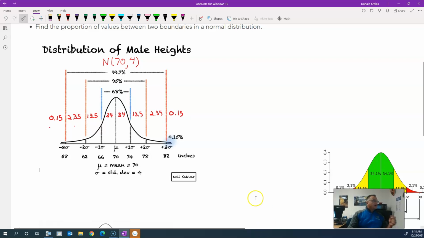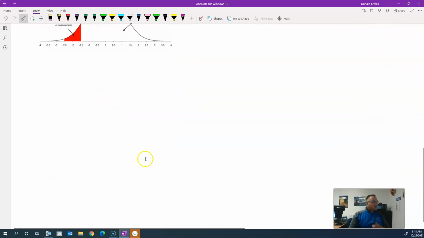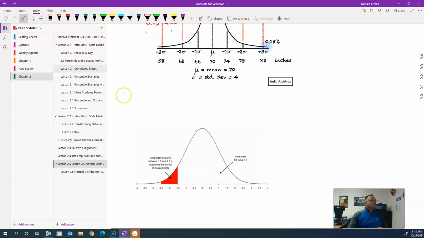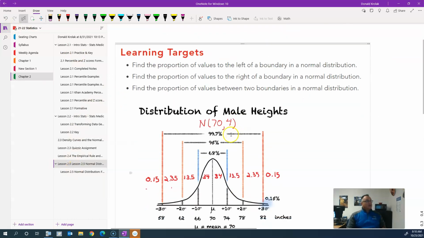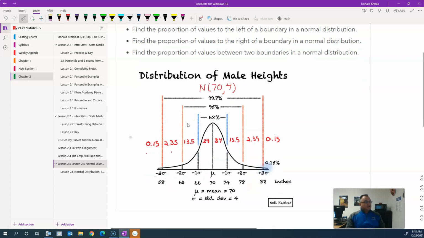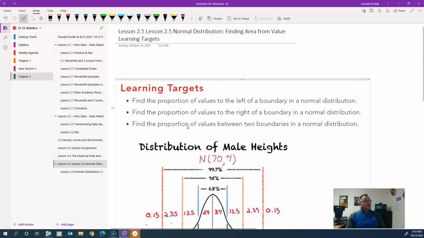Okay. Alrighty. So if we go to the notes here, these are the three things we're going to do. We're going to find the area to the left of a number that's not on this chart, the area to the right of a number that's not on this chart, and then the area between two values.